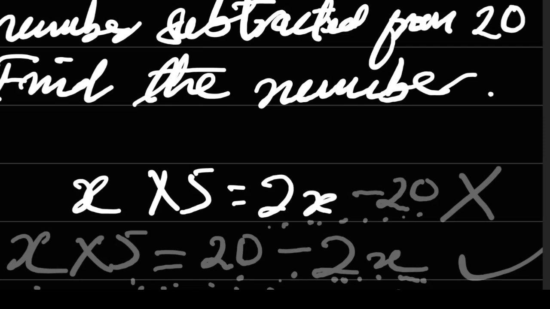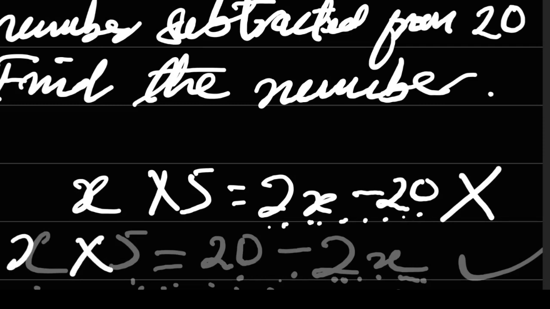Please take note of this. It might have looked like twice the number subtracted from 20, like this, but this is wrong. This is not the way to express this. And this is one of the mistakes students make a lot in this topic. Let's do this.